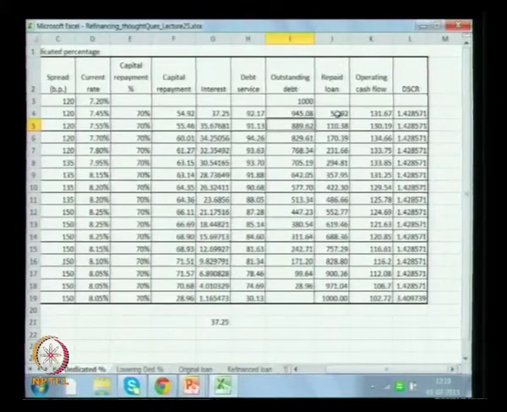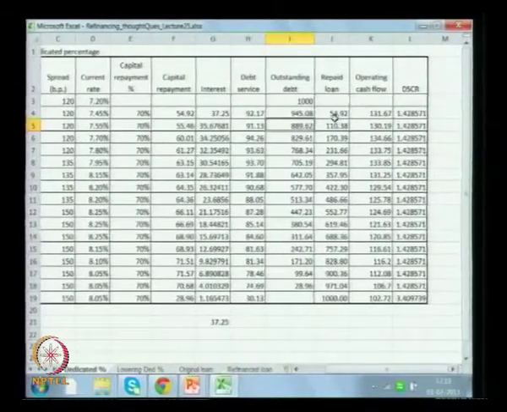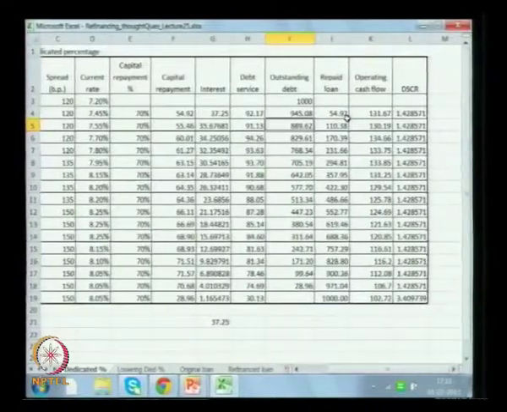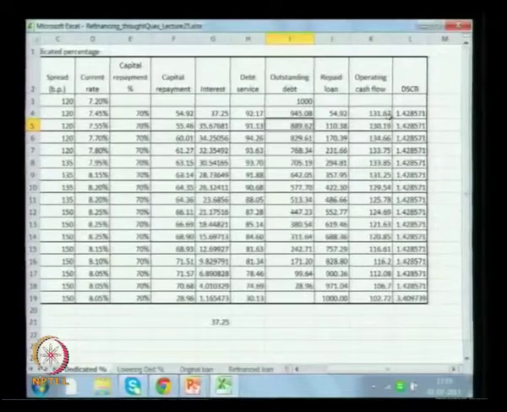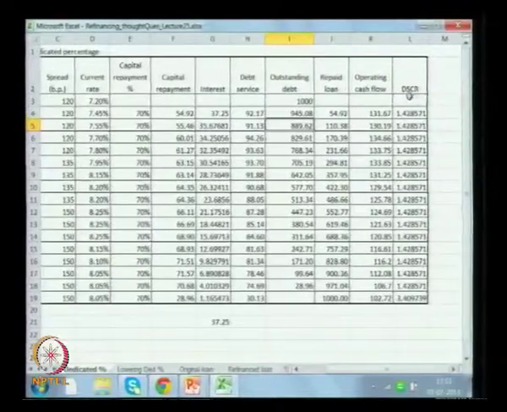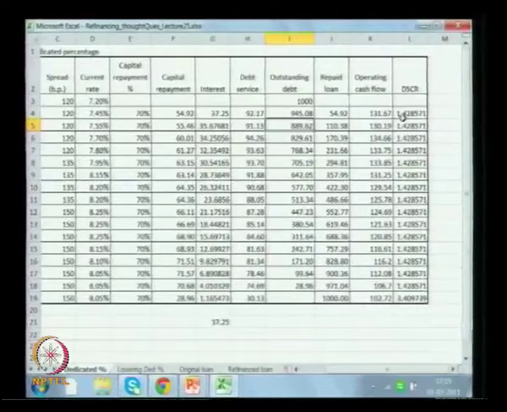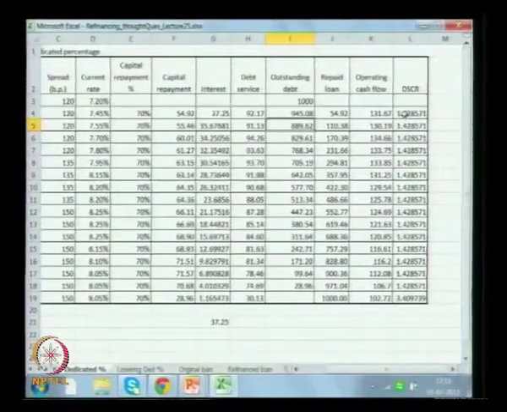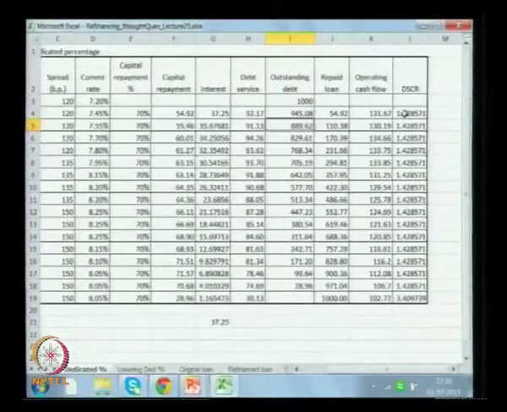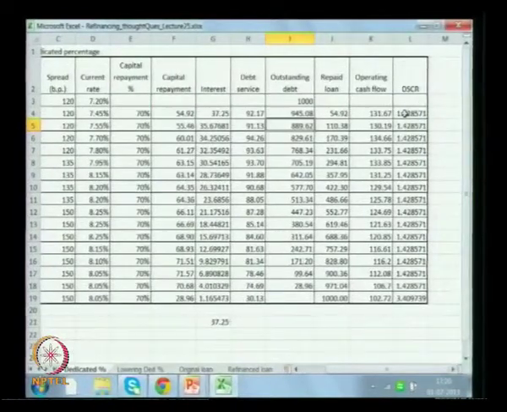The next column talks about repaid loan, which is a cumulative number. So at the end of installment 1 the repaid loan is 54.92. The last column talks about DSCR, which is your debt service coverage ratio. In this case, the debt service coverage ratio is a simple number, which is nothing but the operating cash flows divided by the debt service that is due for that particular installment.